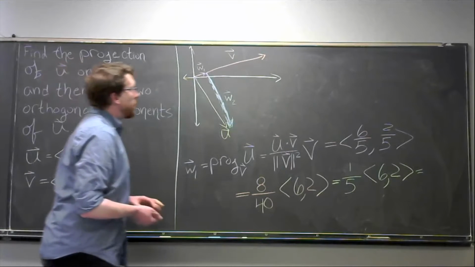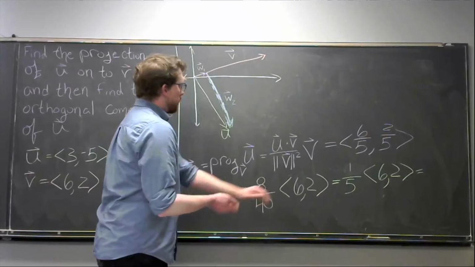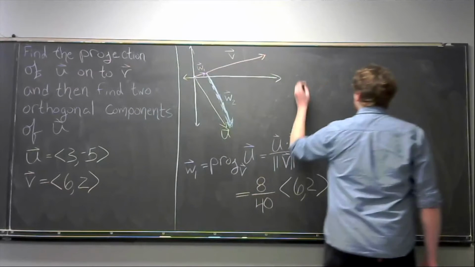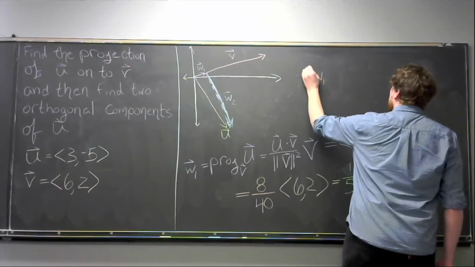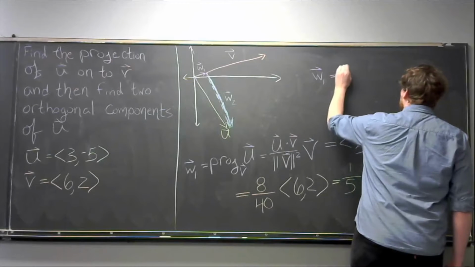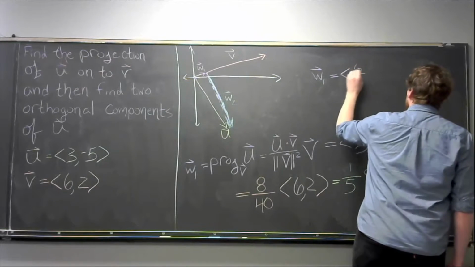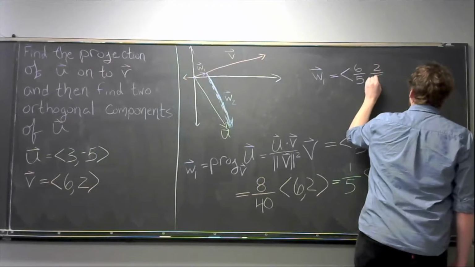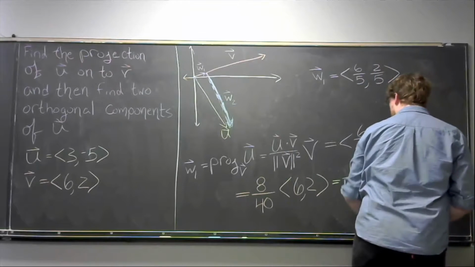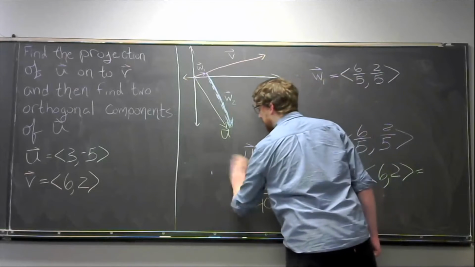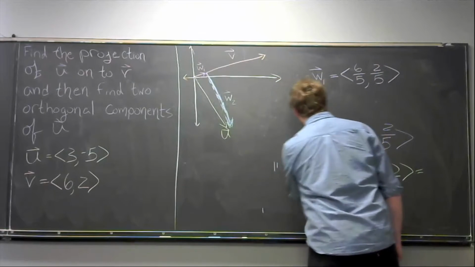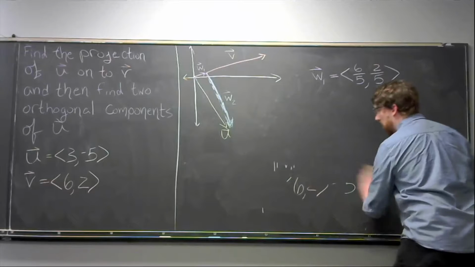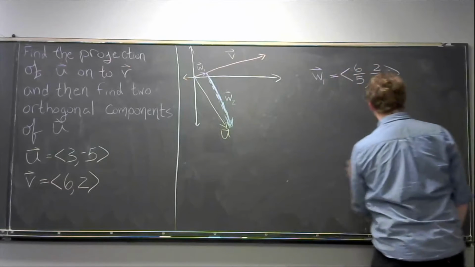So, we found now what W1 is. Let's write that off to the side. W1 is equal to 6 over 5, 2 over 5. Now, we want to find what W2 is.